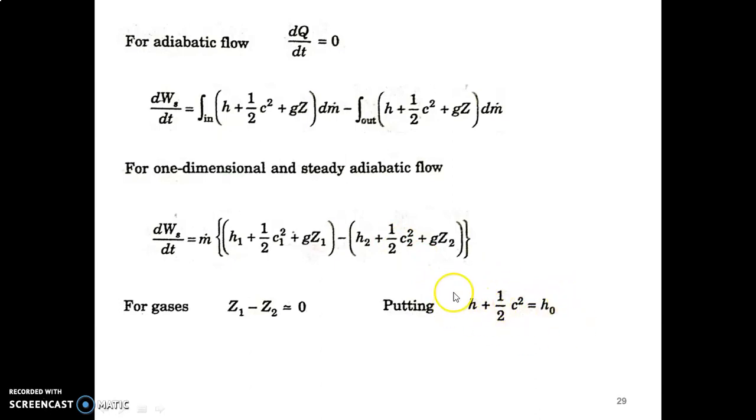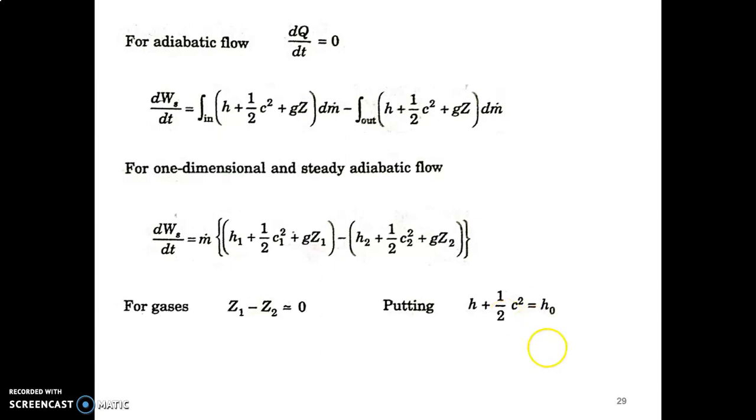This equation is actually called the adiabatic energy equation, which we will be discussing later after some topics. Just consider this whole term as h0. The suffix 0 denotes the stagnation state, so this h0 is otherwise known as stagnation enthalpy.